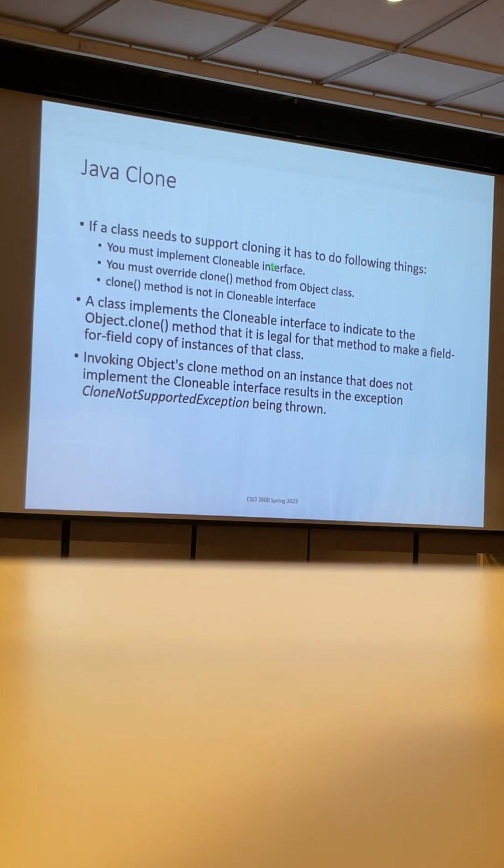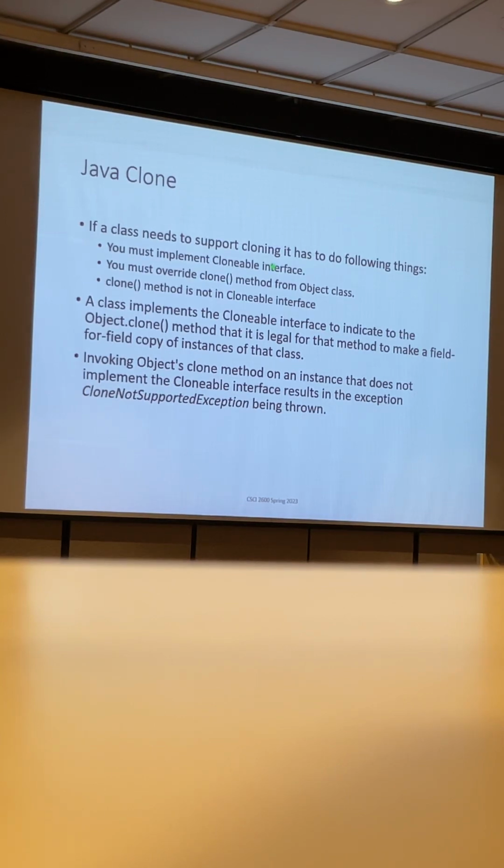Cloneable is actually an empty interface, a so-called tagging interface. It is really empty: it's like interface Cloneable and then just braces. So it's very easy to implement Cloneable formally because you don't even have to provide any methods.